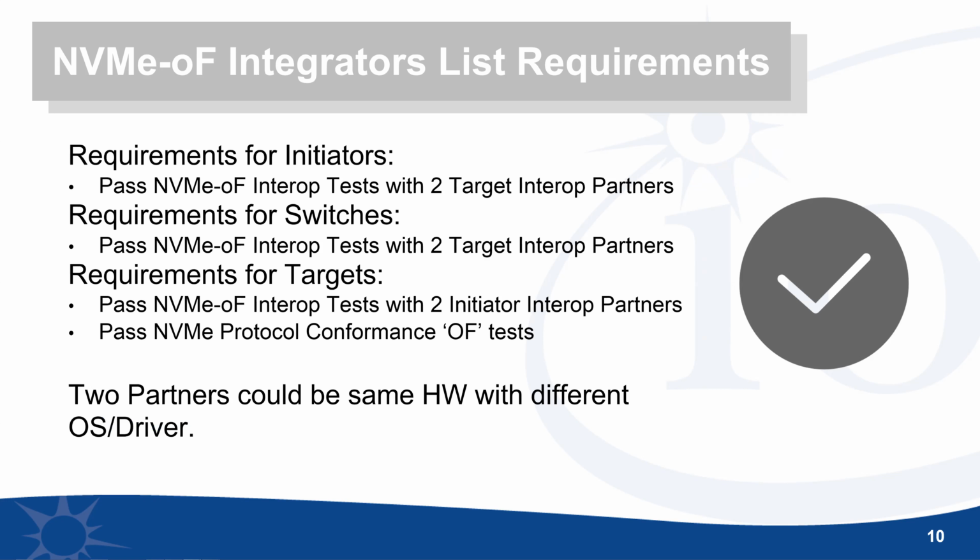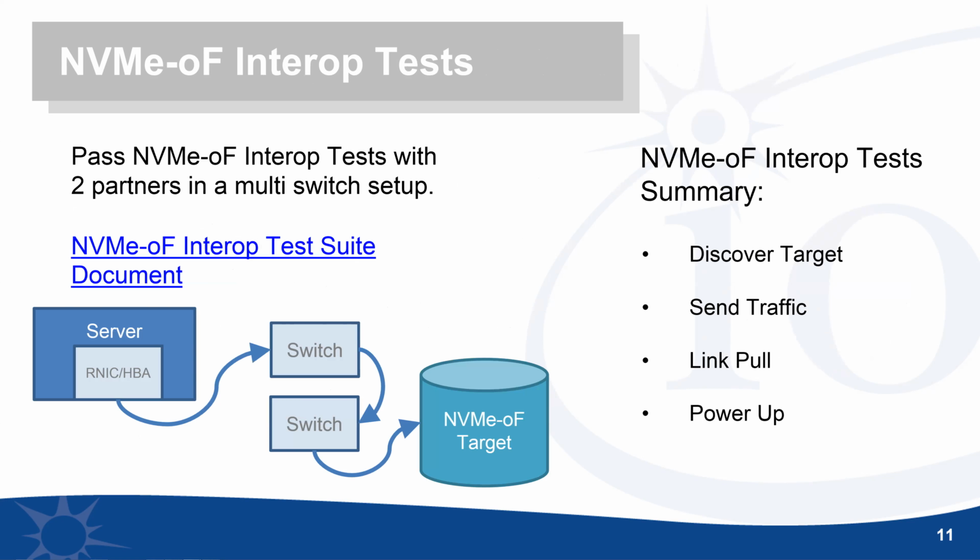In the actual test plan developed by NVMe.org, you would need to run the tests that have the OF designation, which is over fabrics. And just a little disclaimer at the bottom: the 2 partners could be the same actual piece of hardware as long as it's on a different OS or a different driver.